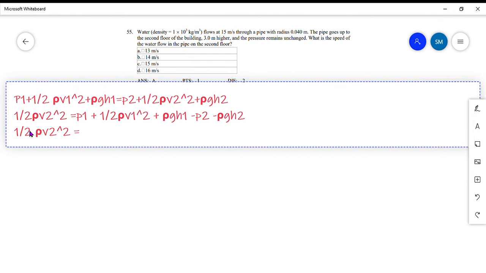Now I will just rearrange. I will not do anything else.